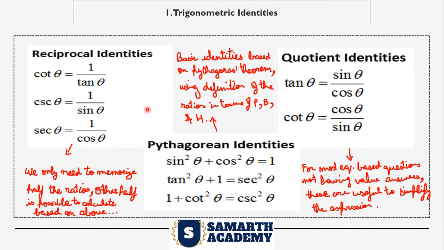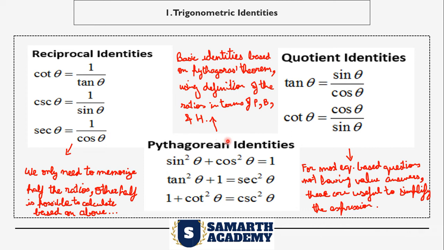Using these, we are able to calculate the value of cot, cosecant, and secant whenever needed. As far as values and how they behave in each quadrant is concerned, we primarily focus on cos, sine, and tan. Based on that we are able to derive what cot, cosecant, and secant would look like.